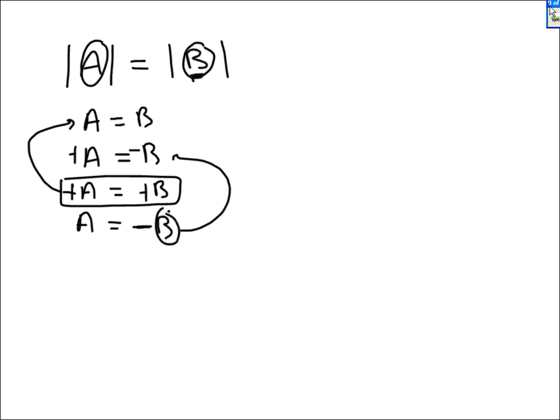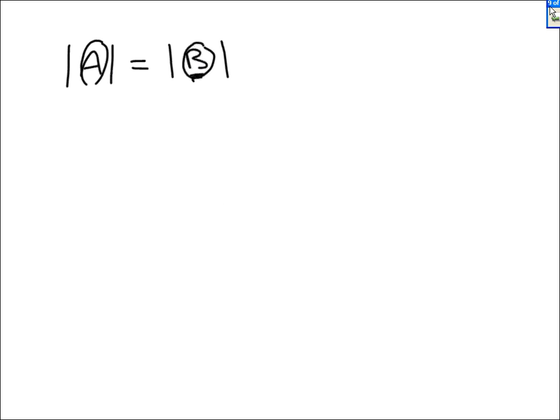That is, either the two things inside the brackets are equal or they differ by a sign. One is 3, the other is -3, or they're both the same, both 3's or both -3.